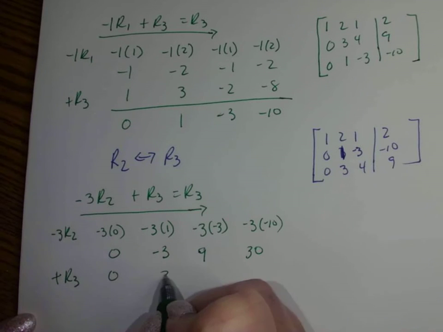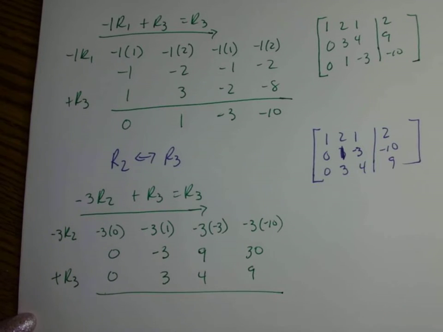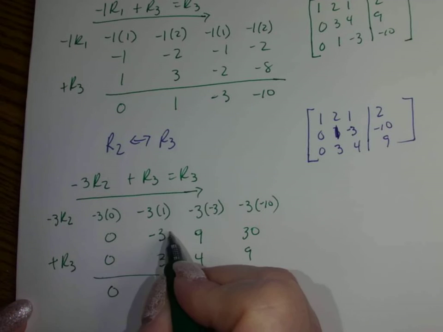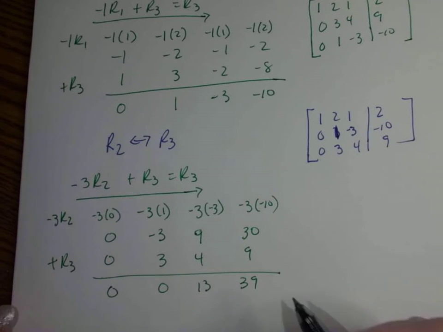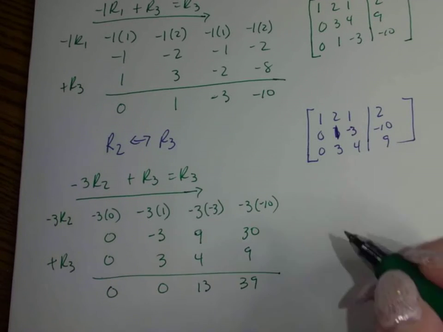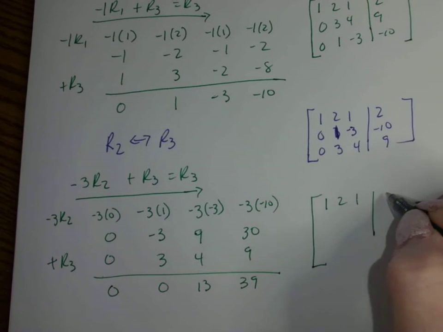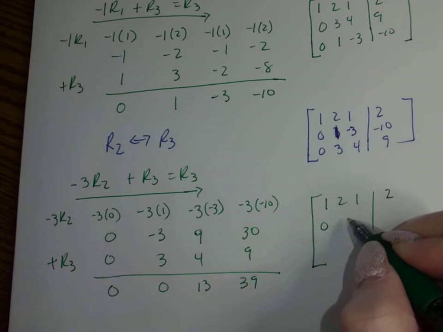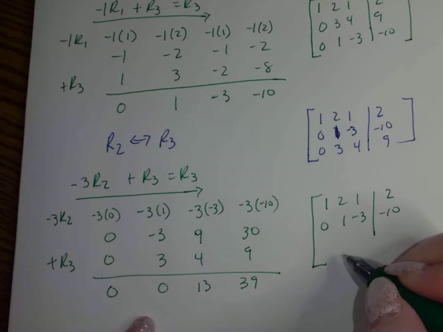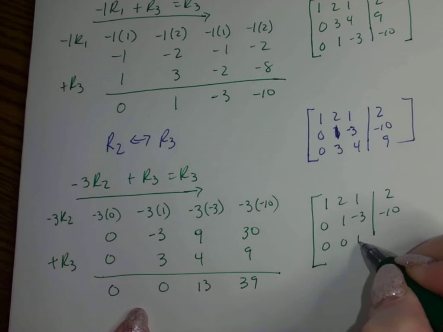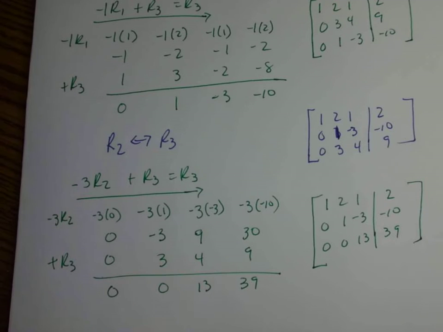Row 3 is 0, 3, 4, and 9. That gets us 0, 0, 13, and 39. And rewrite the matrix. So 1, 2, 1, 2, 0, 1, negative 3, negative 10, and our new row 3 is 0, 0, 13, 39.